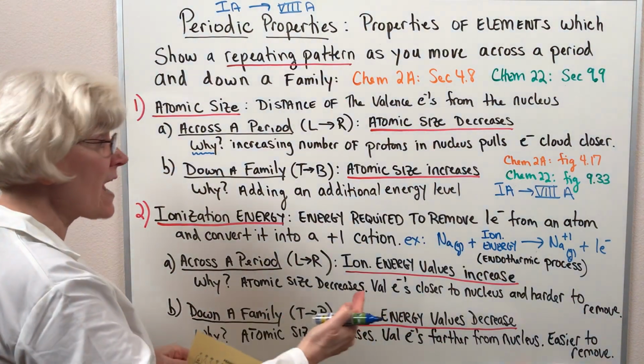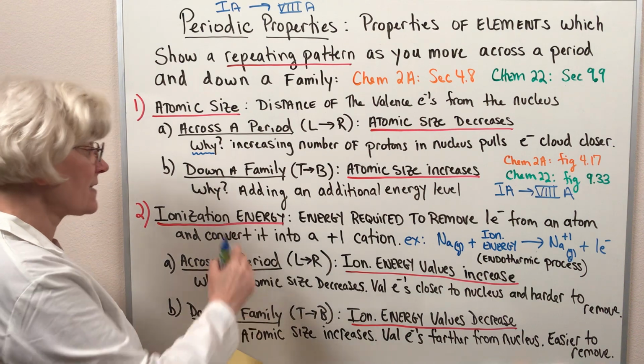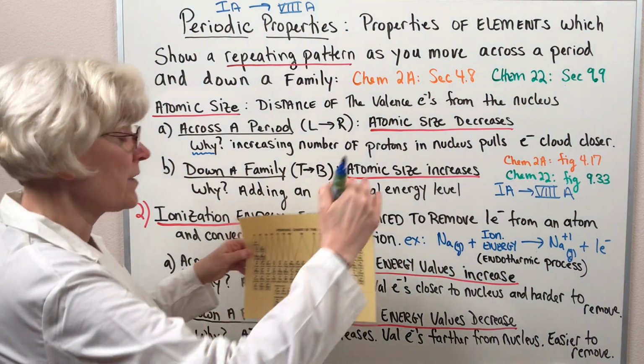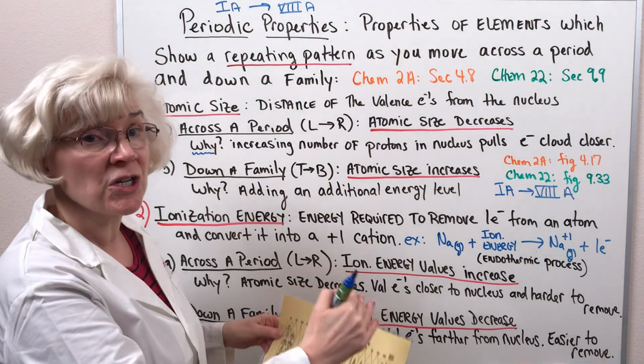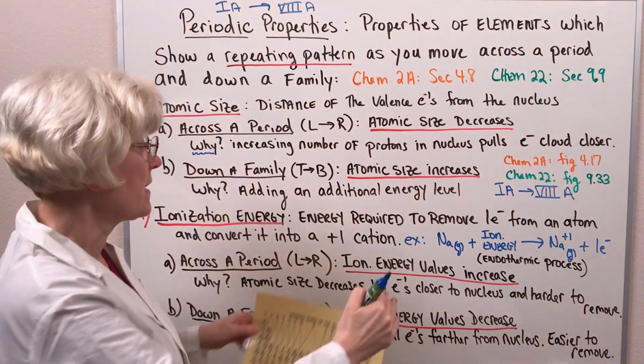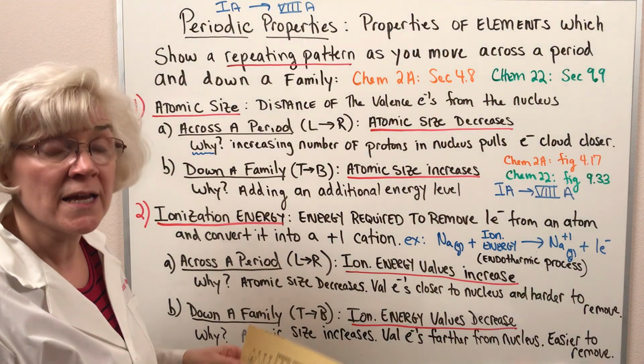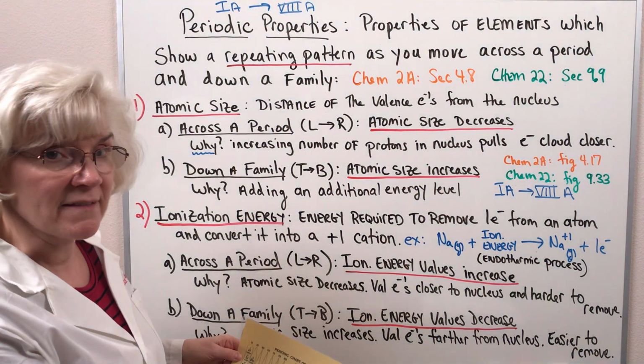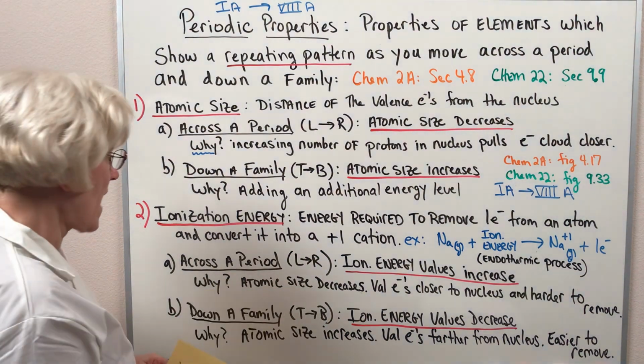And that makes sense when you realize that every time you move down a square in a family, you're now adding an additional energy level to the atom, causing its atomic size or atomic radius to get bigger. So that makes sense. We can figure that out.